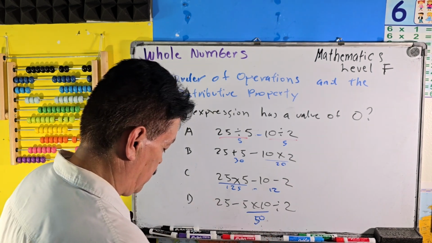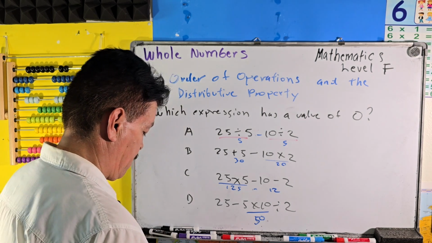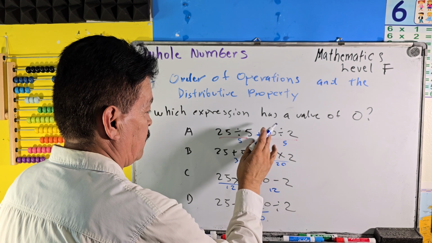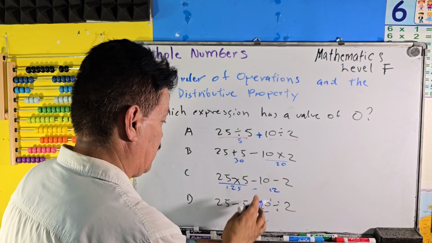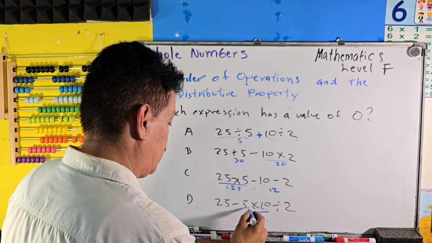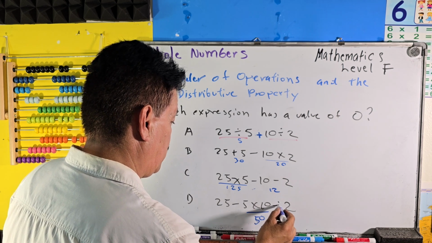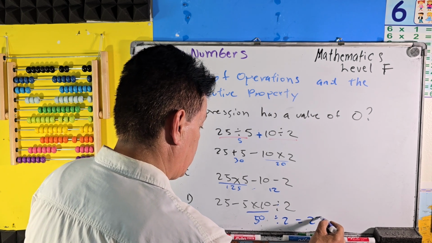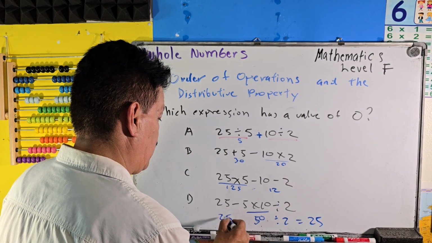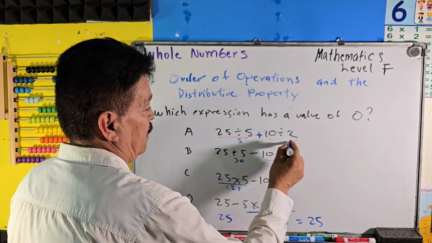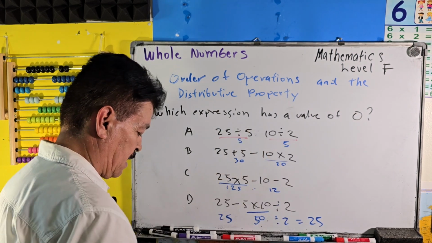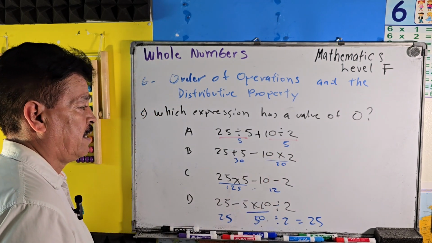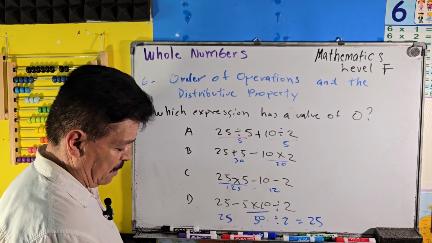Here, I will keep it as is, minus, 50. 50 divided by 2 is 25. 25 and 25. Here is equal to 10, because the problem is positive right there. So we have here the last one is the right answer.